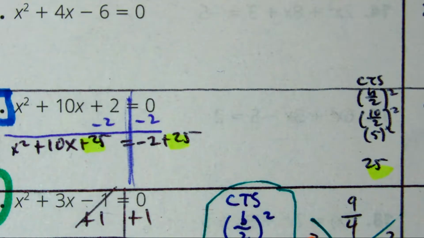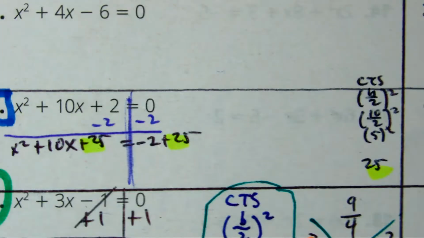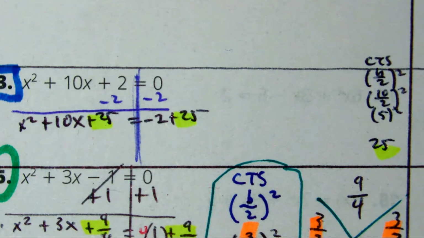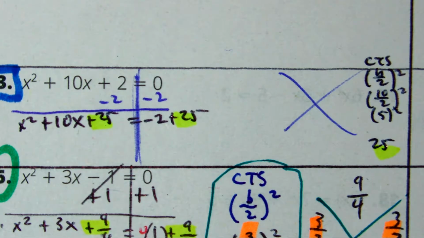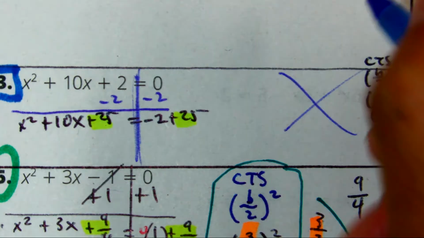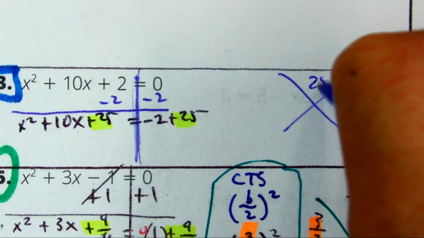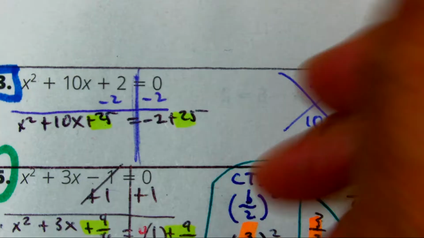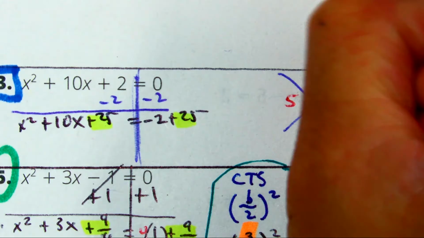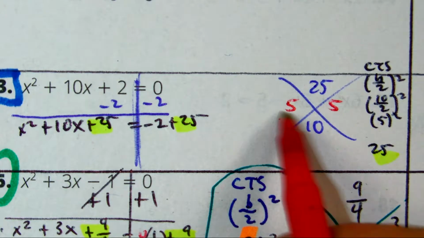Benito. X. Tell us what goes there. What 2 numbers? Guys, you're doing this correctly if these numbers are the same when you're factoring, okay?